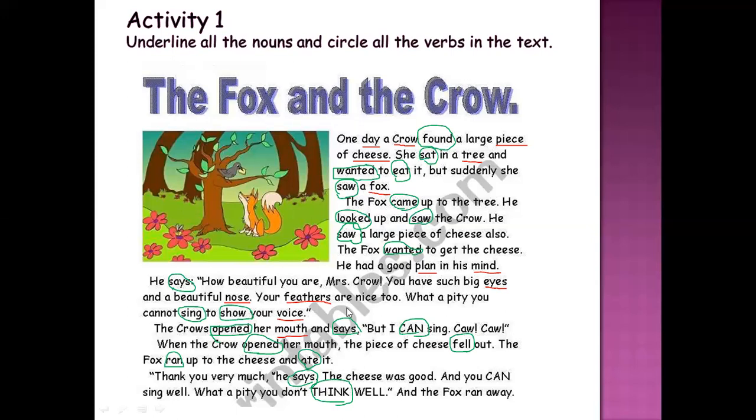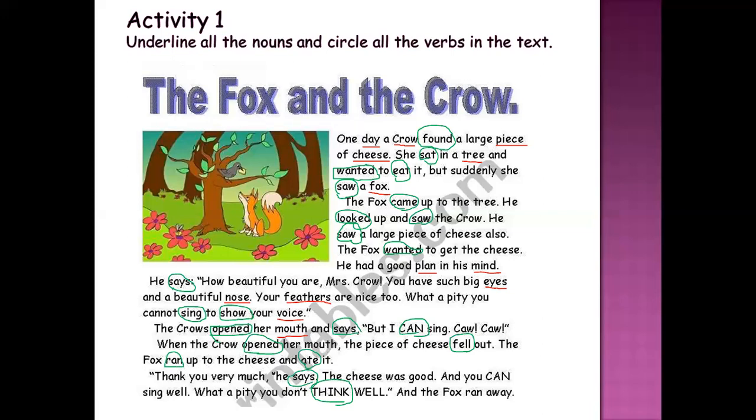Again, saw, wanted, says, sing, show, open, says again, can, opened, fell, ran, ate, says, and think. Those are the verbs I found in the text.